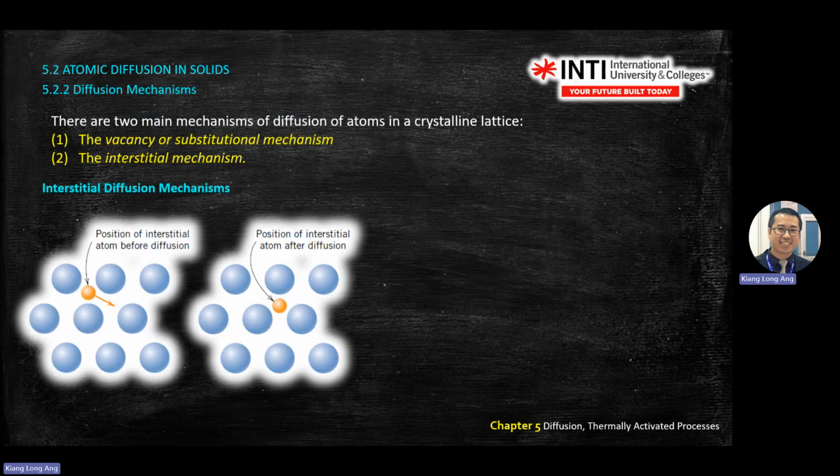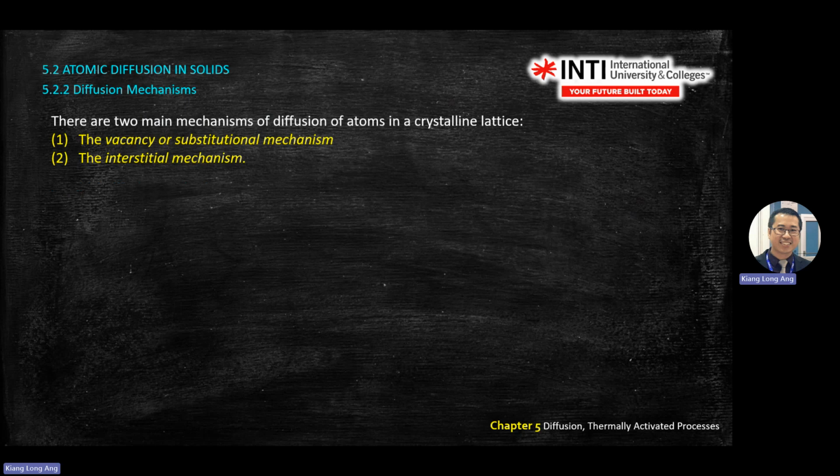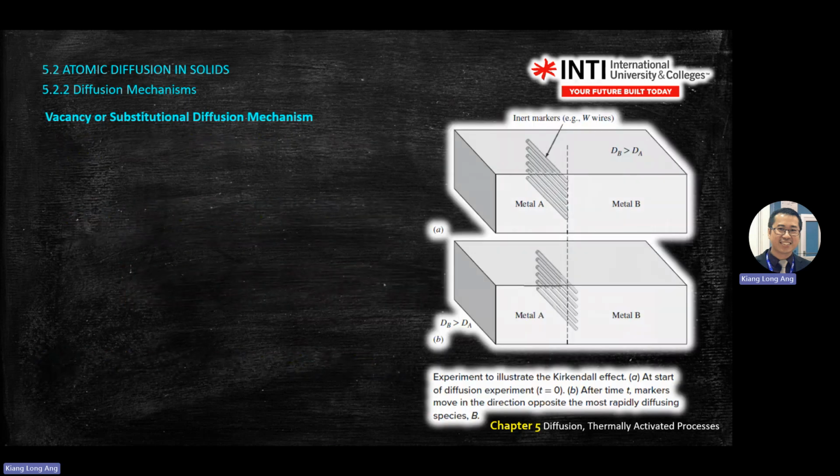Okay, so just now I showed you the vacancy and substitution mechanism. Now we go into the interstitial mechanism. Interstitial means that we find a space to slot in. The only difference between vacancy and interstitial is the size of the atom.